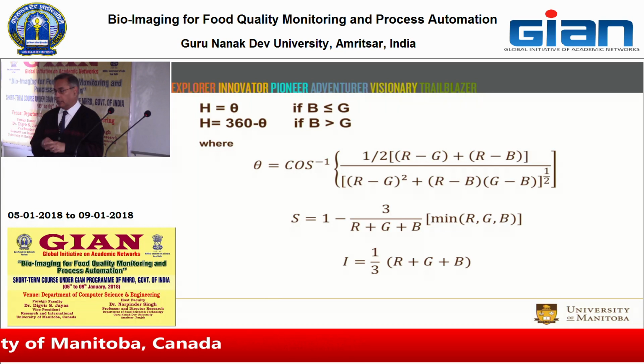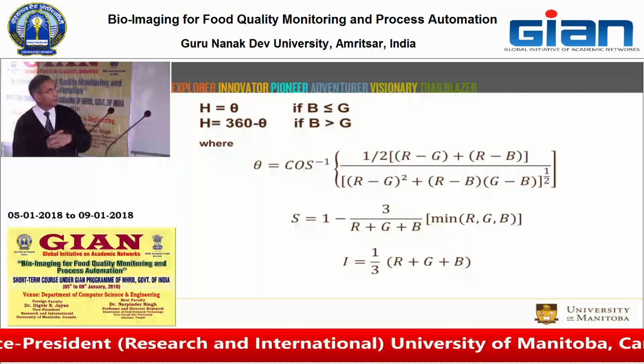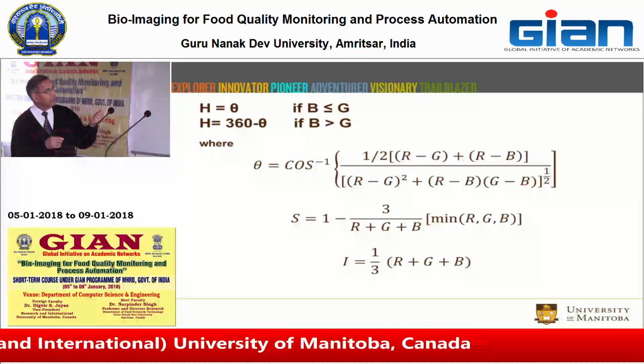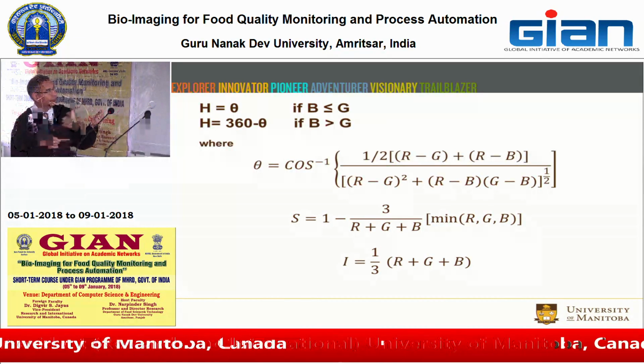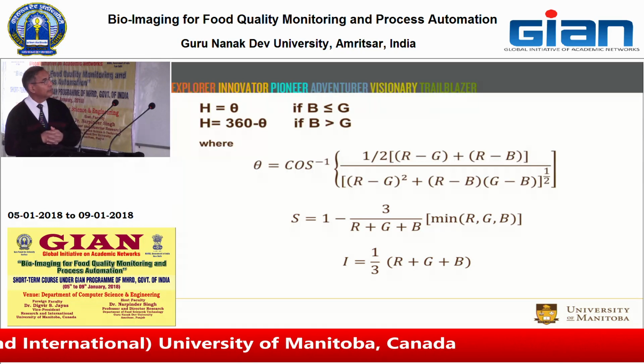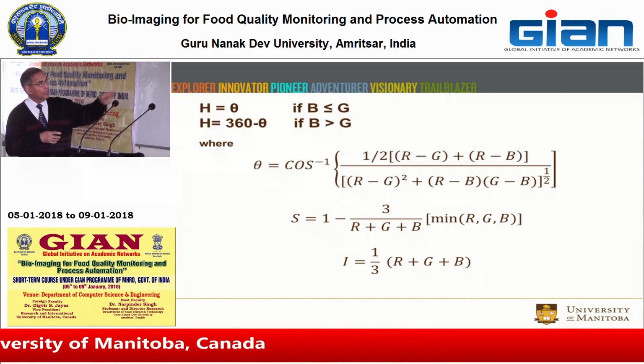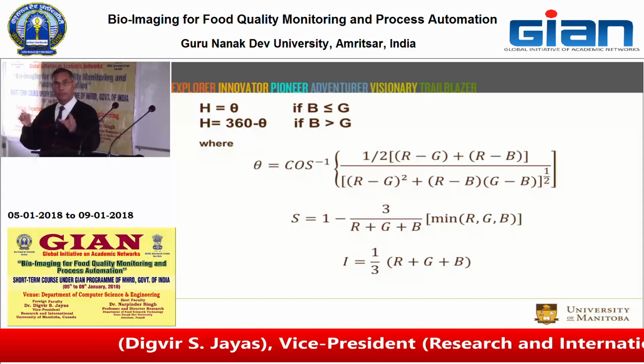Theta is calculated from the RGB values, which is the inverse of that function. Once you know theta, you can substitute into the above equations, and you would know the value of H for both situations, whether blue is less than or equal to green or greater than green.